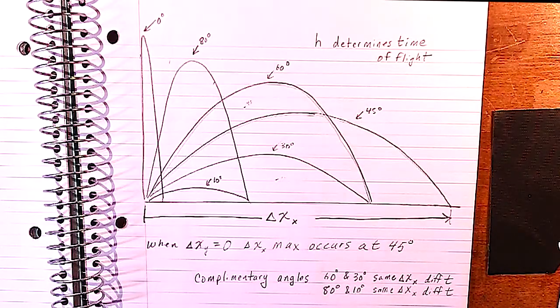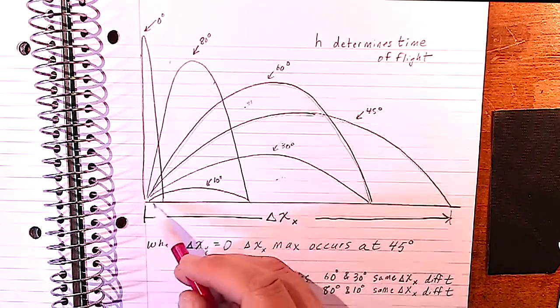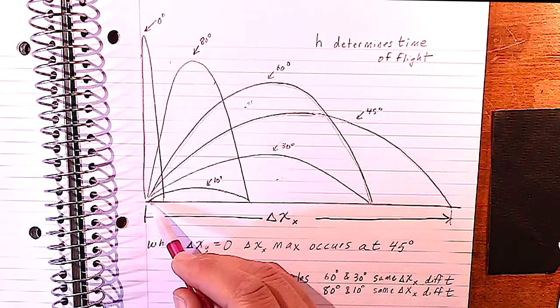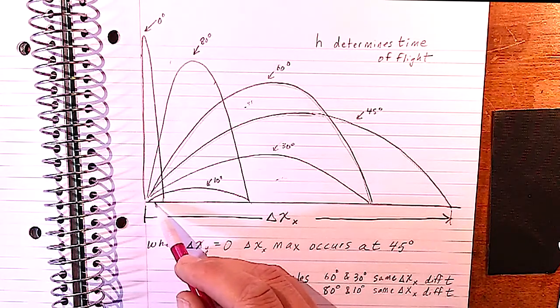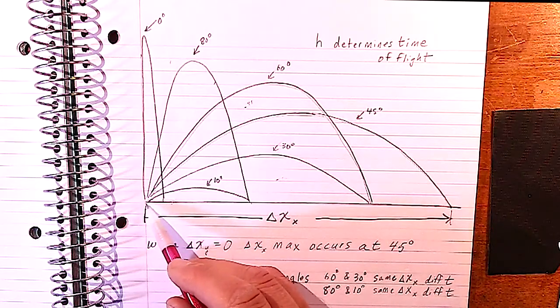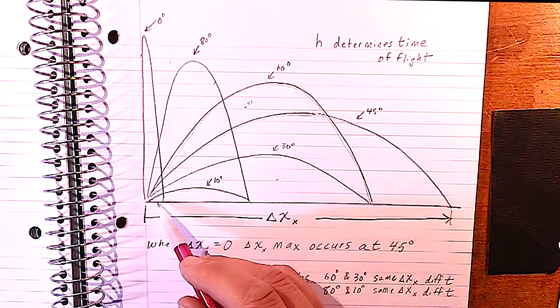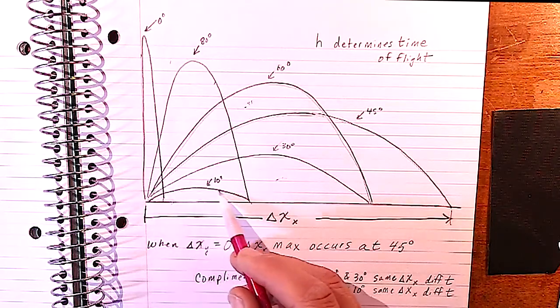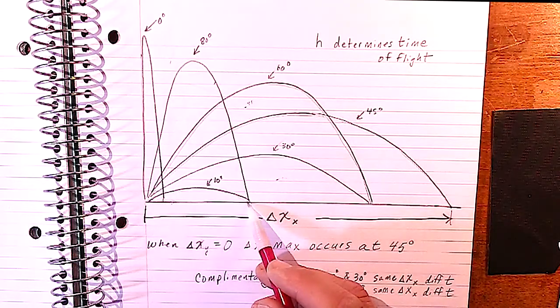Here are a bunch of possible paths for various angles that projectiles are launched at. If we see here, at 10 degrees, our component of v naught x is very large, but v naught y isn't very large, so the time is very short, so it doesn't have a very large horizontal range.